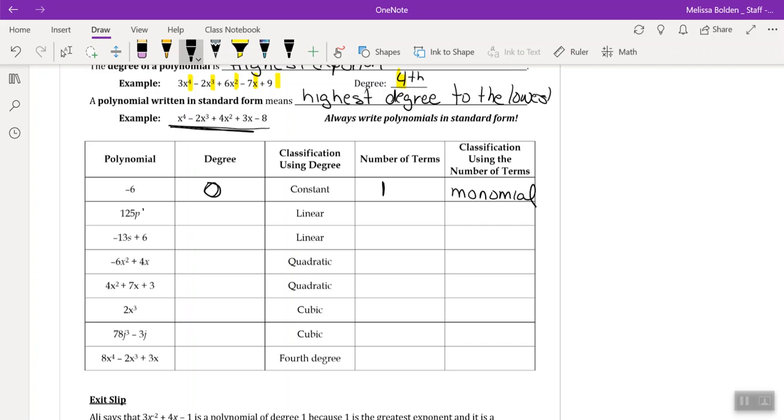This has a degree, the highest exponent is 1, so this has a degree of 1. When it has a degree of 1, it's called linear. The number of terms here is 1, so once again, it's a monomial. And the next one, again, we have a degree of 1, so it's linear. And the number of terms is 2, so because it has 2 terms, it's called a binomial.